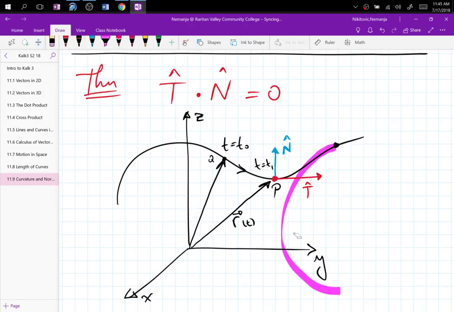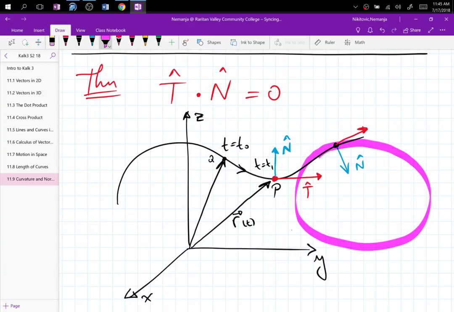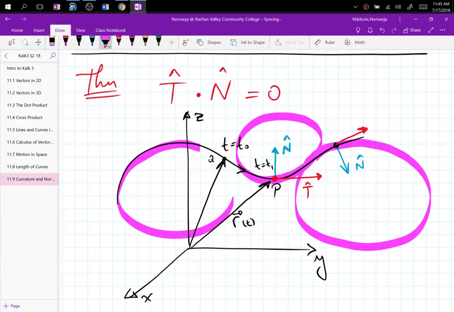Because the curvature goes that way, your tangent vector still pushes forward, and the normal vector is now this way, because the curvature gets you the circle on the other side. So for each point independently, you have a circle inside or outside, depending on which way it curves.